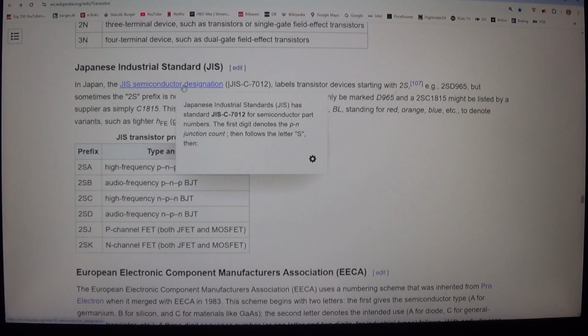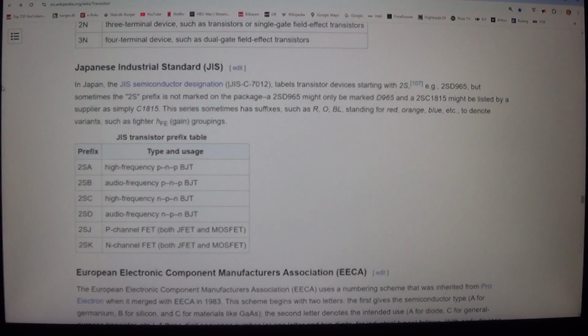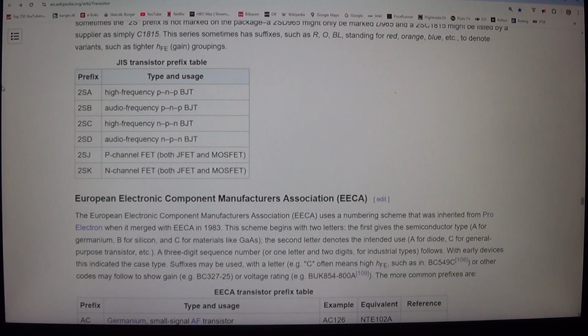A 2SD965 might only be marked D965 and a 2SC1815 might be listed by a supplier as simply C1815. This series sometimes has suffixes, such as R, O, BL, standing for red, orange, blue, etc., to denote variants, such as hFE, gain, groupings.